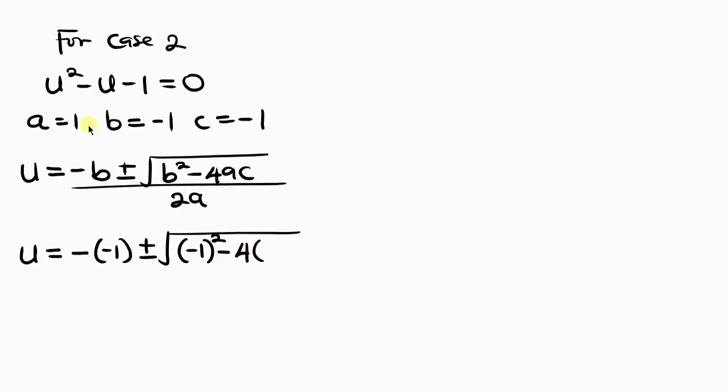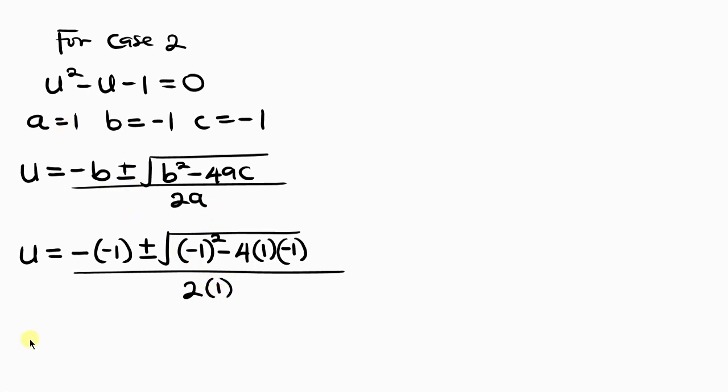What is a? a is 1, times c. And what is c? c is -1, so -1, all over 2a. That's 2 times a, and a is 1.